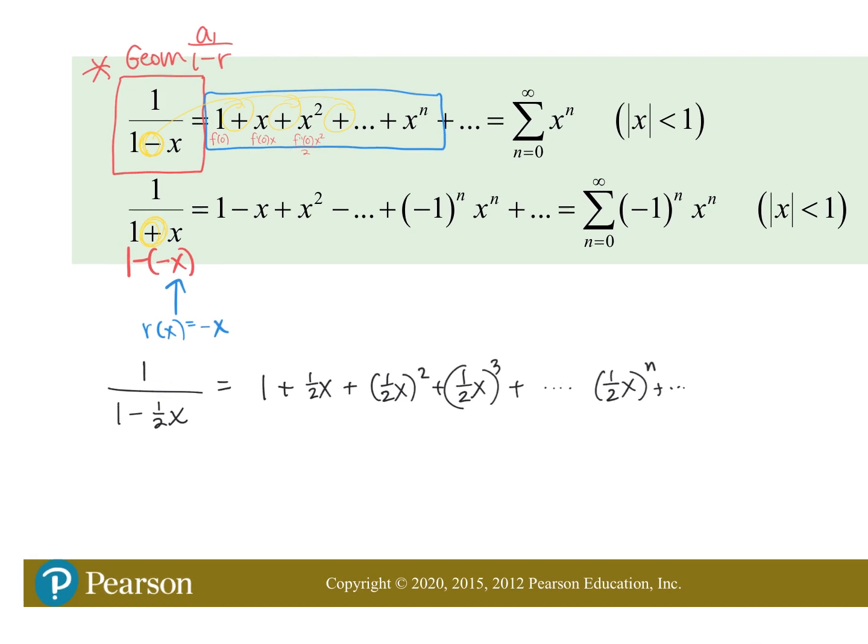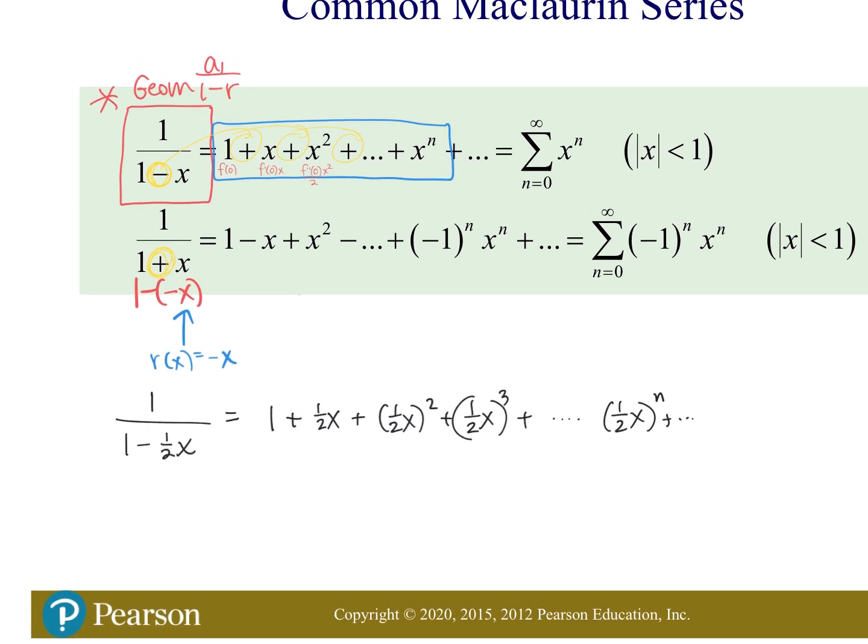You should be able to build 2 over 1 plus 3x. The way you build that is saying, okay, this is addition, therefore all my terms should alternate.